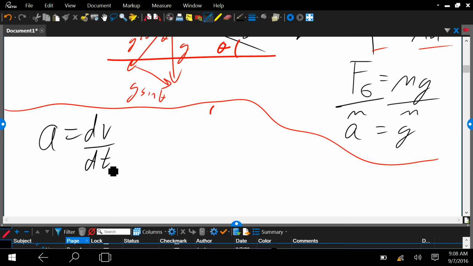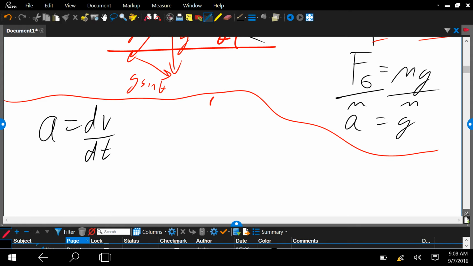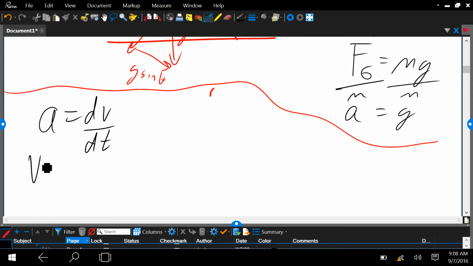When a is constant, then you come up with an equation for velocity by doing this step here. The first day of school, we did the opposite order. We went from the statement below, took the derivative, and got up to the statement above.